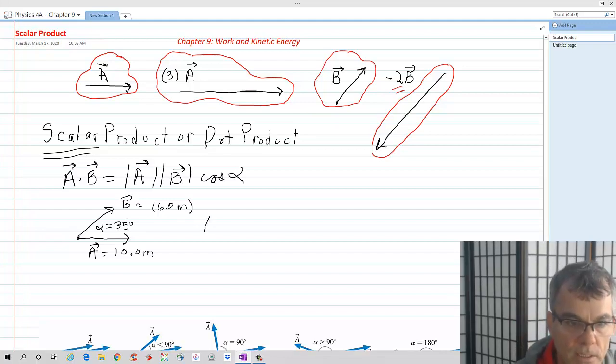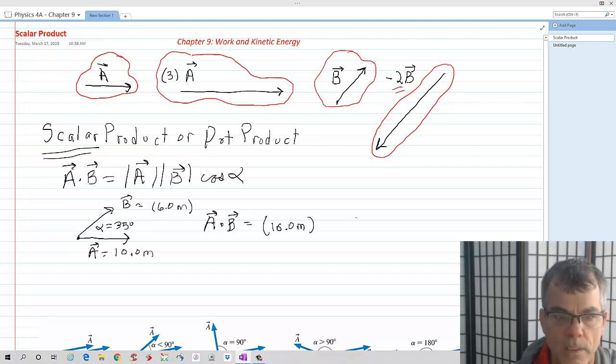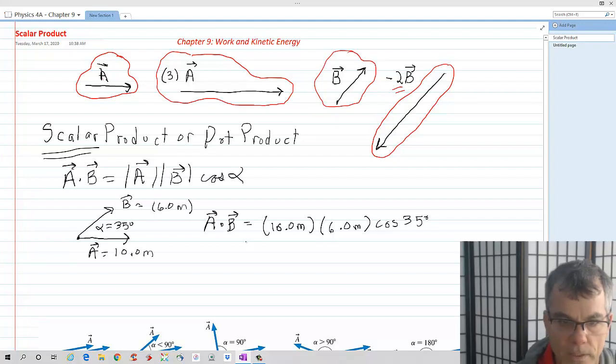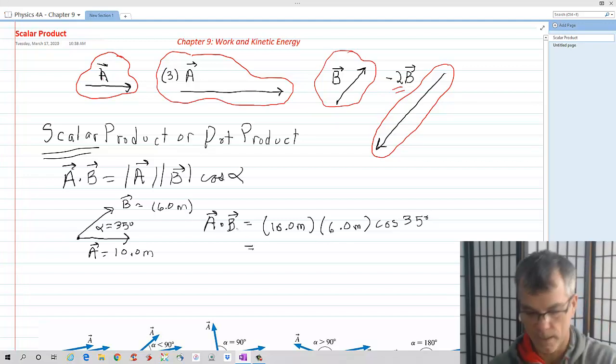So for this particular case, A dot B is equal to the magnitude of A, which is 10 meters, times the magnitude of B, which is 6 meters, times the cosine of the angle between them, which in this case is 35 degrees. Break out my calculator here.